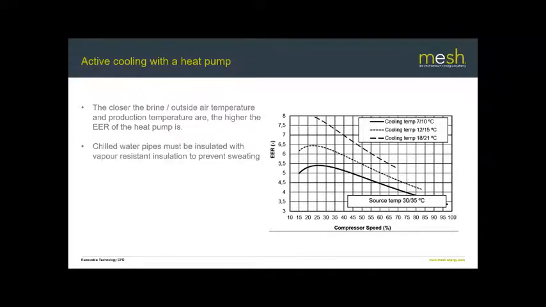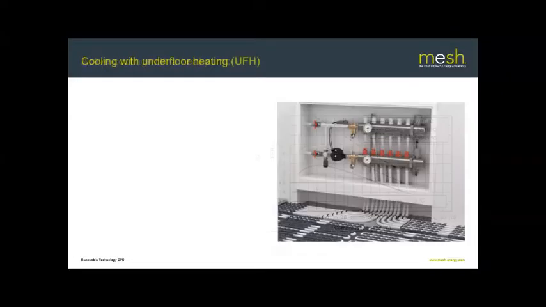Chilled water pipes must be insulated to prevent condensation or sweating, as it's otherwise known. The chilled water can then be fed to fan coil units, chilled beams, or underfloor heating to provide the cooling in the room. Generally speaking, fan coil units are the most efficient method of cooling.